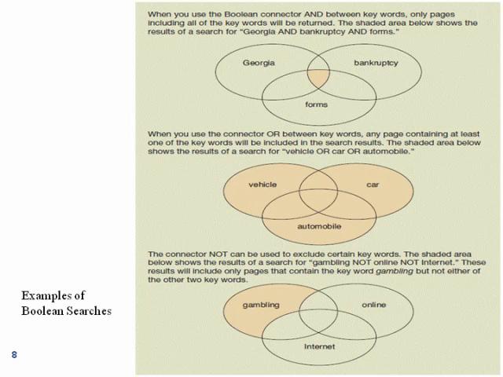This is vehicle or car or automobile. The or is commonly used when you have synonyms. In an opinion, the judge might have always used the word car, or might have always used the word automobile, or might have always used the word vehicle. But since those are synonyms, it doesn't make sense to just focus on one of the terms.